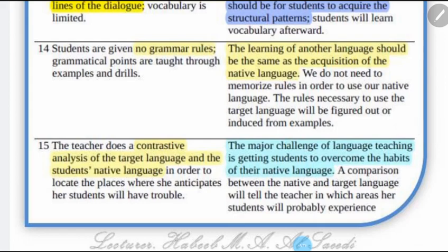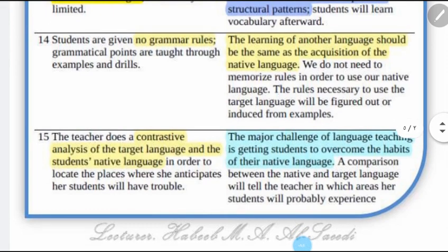Students are given no grammar rules. As we explained in the direct method, and here in this method we also focus on that, grammar rules the students will figure out from the text. There is no explicit explanation of a grammar rule. The learning of another language should be the same as the acquisition of the native language.